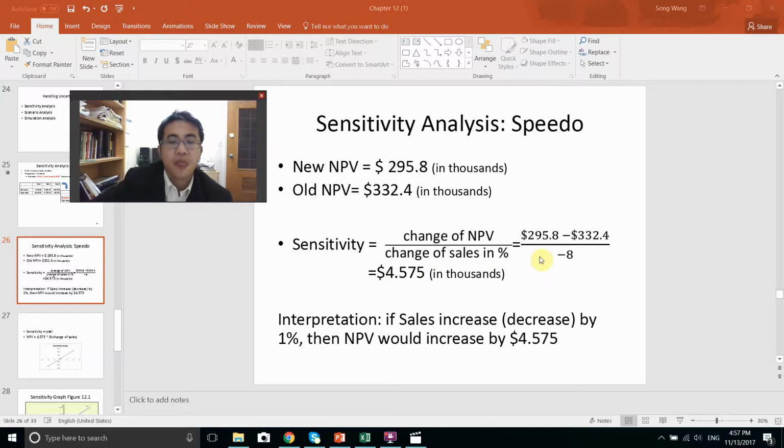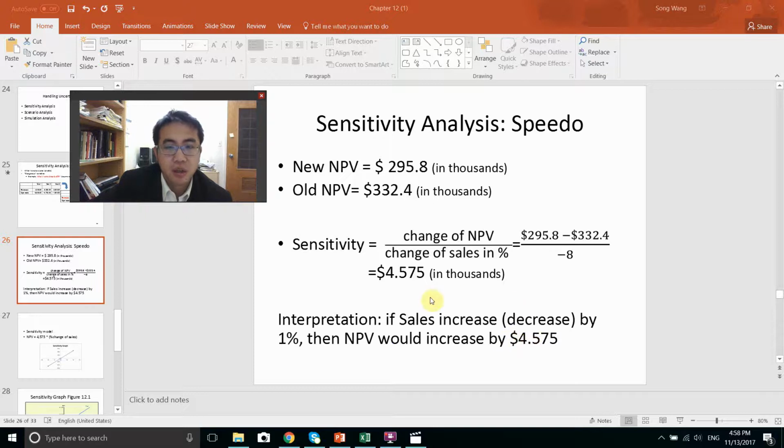What we really want to learn here is to be able to explain the sensitivity. If you have a number of 4.575, you should be able to explain that. The interpretation here is that if the sales increase by 1%, then the NPV would increase by $4.575 thousand.